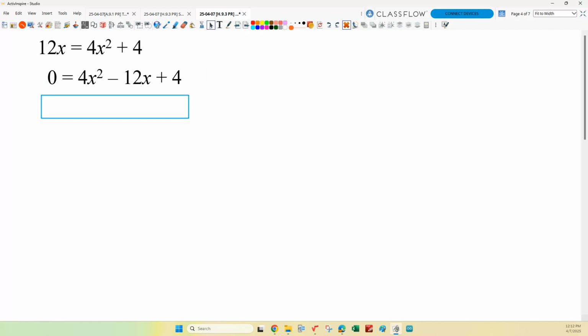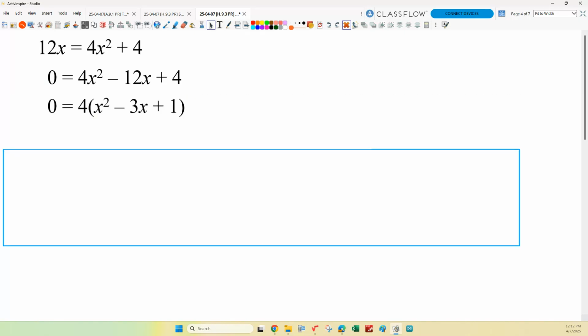So we could factor out a GCF, which is a constant. So I can just divide each side by 4. Do you even have to factor the 4 out? No, not really. You could just divide both sides by 4, and jump right to the equation x squared minus 3x plus 1 equals 0, right?